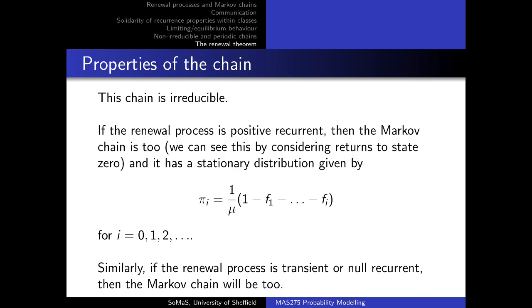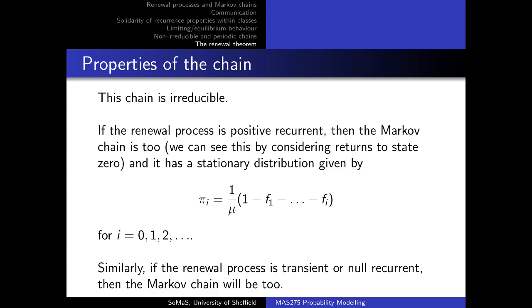And you can even quite simply check that the stationary distribution is given by this. The probability of being at i is 1 over mu, mu being the average of your inter-renewal time, times 1 minus f1 minus f2, etc. minus fi. So the one which interests us the most is pi 0, which is just 1 over mu.